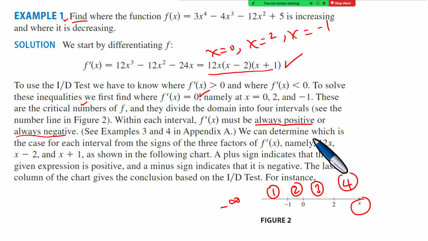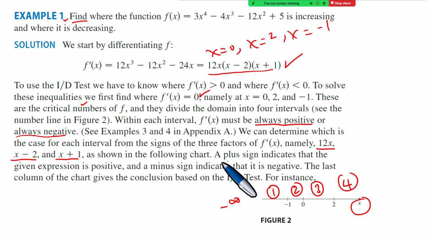We can determine which is the case for each interval from the signs of the 3 factors, namely the factor 12x, the factor x minus 2, and the factor x plus 1, as shown in the following chart. There's a chart that we're going to discuss just now about this function.